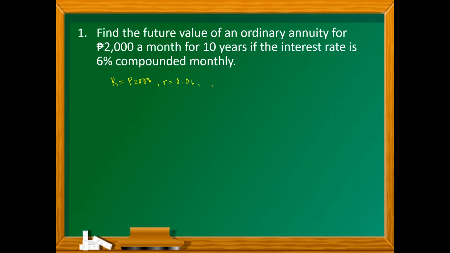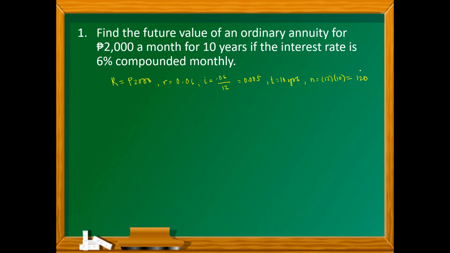We have to divide that annual interest rate by the compounding period, and that's 0.06 divided by 12 because this is compounded monthly. And then we have i equals 0.005, t equals 10 years, and n equals the product of m and t. So m equals 12 and t equals 10, so the product of 12 and 10 equals 120.